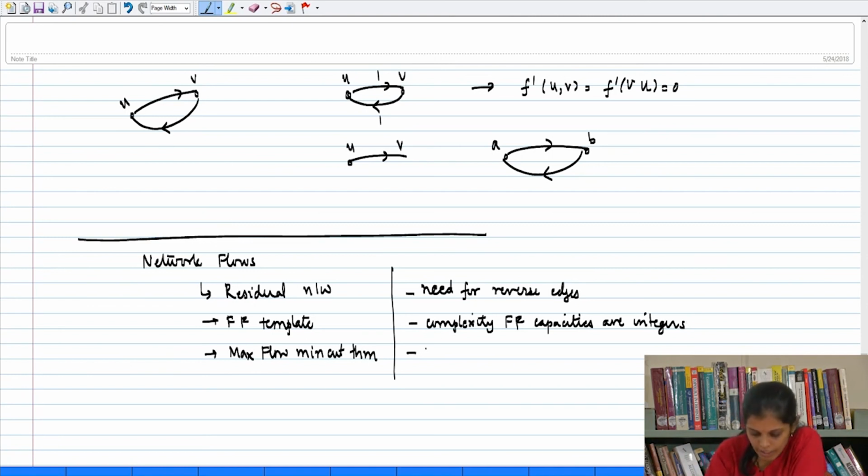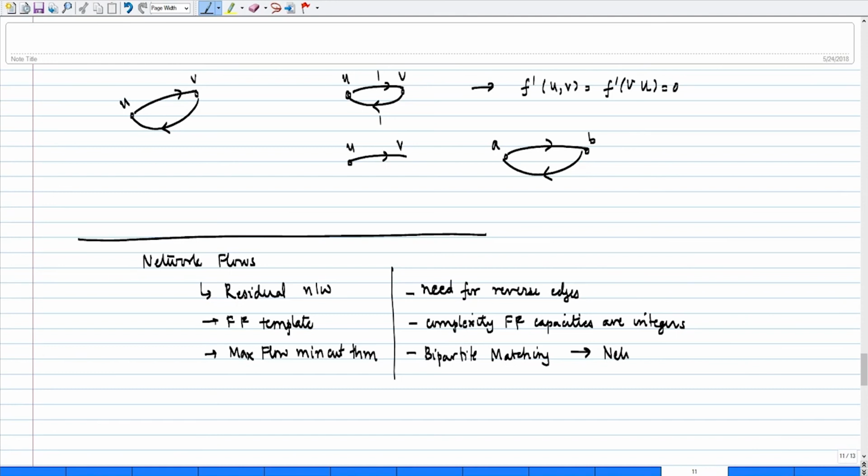Then we looked at a reduction to the bipartite matching problem. Sorry, bipartite matching reduces to network flows. And we established the correctness of this reduction.